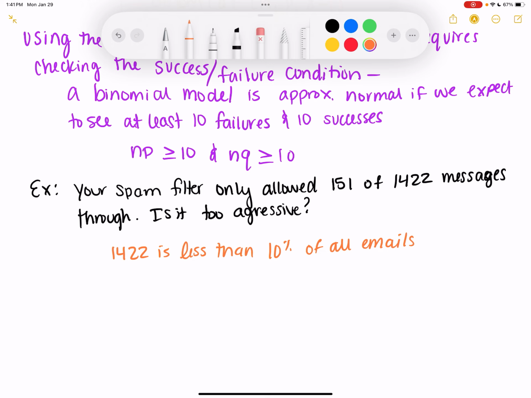We're checking to see if this condition is true. This statement should be true if we say the condition is true. So are we going to say it's true? Well, is it? Is 1,422 emails less than 10% of all emails?